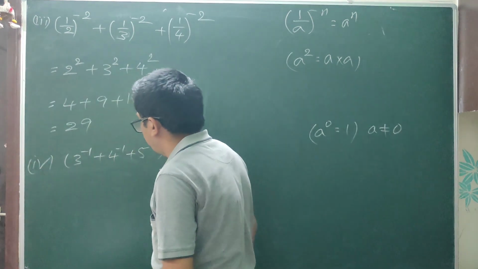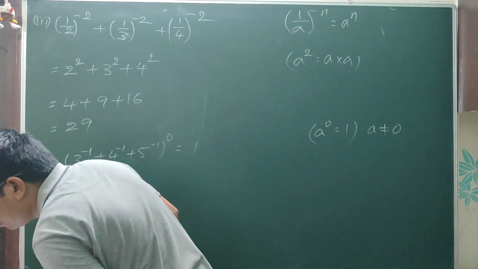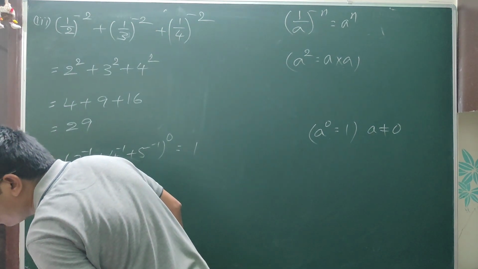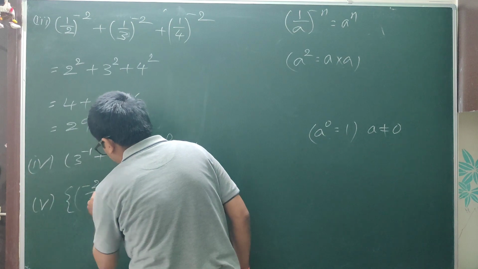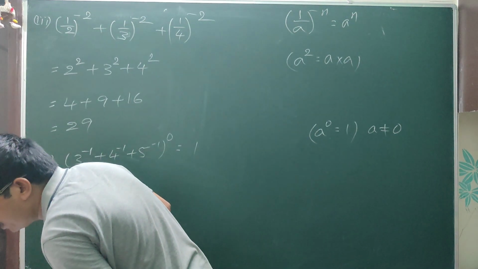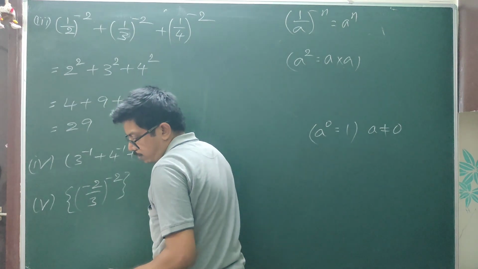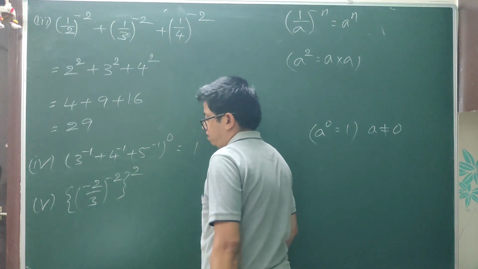Next, the fifth one. Brackets, minus 2 by 3, minus 2 by 3 whole power minus 2, brackets close, whole power 2.